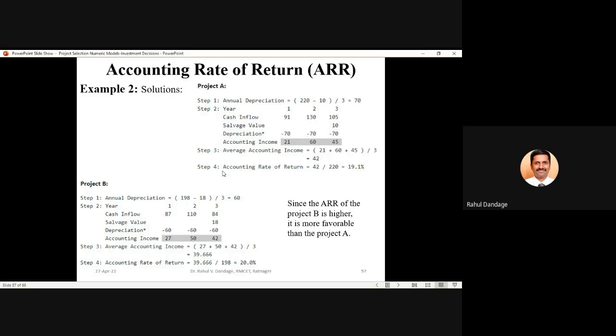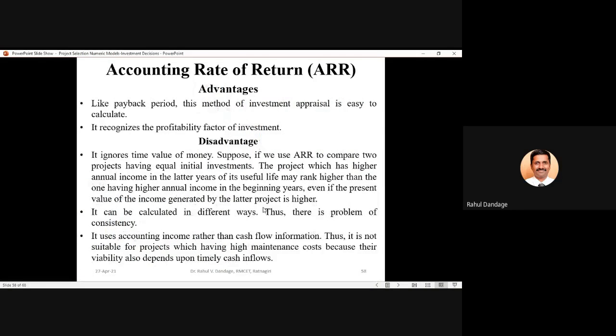What we observe is that the accounting rate of return for project A is 19.1%, and for project B it is 20%. So ARR for project B is higher, and that's why this particular project is more favorable than project A.